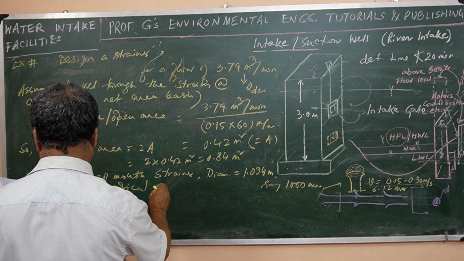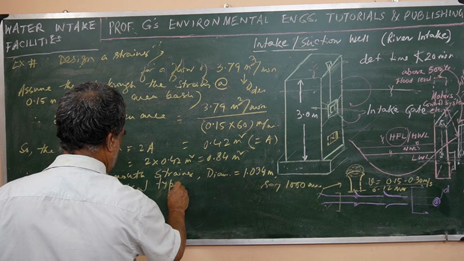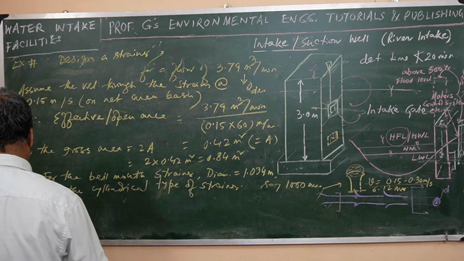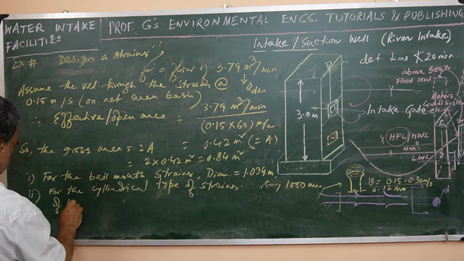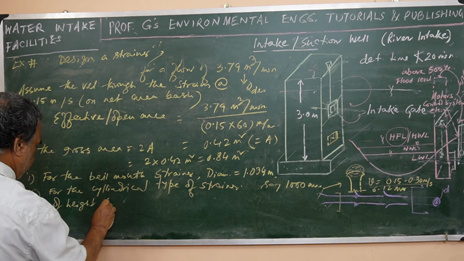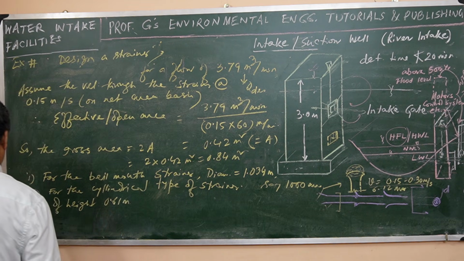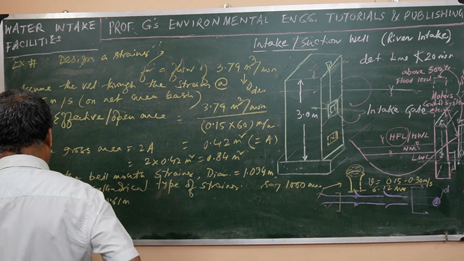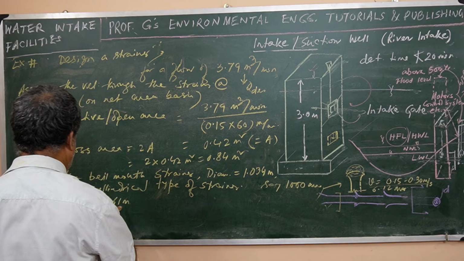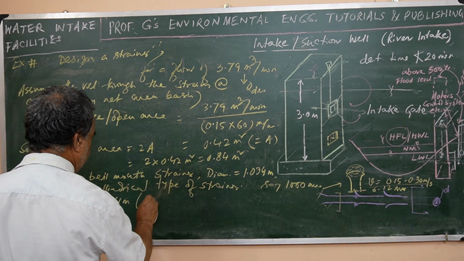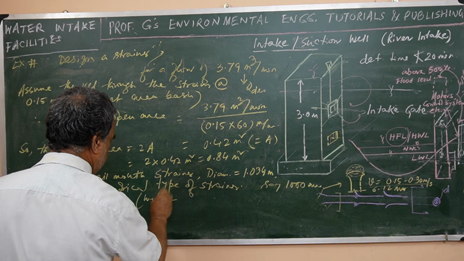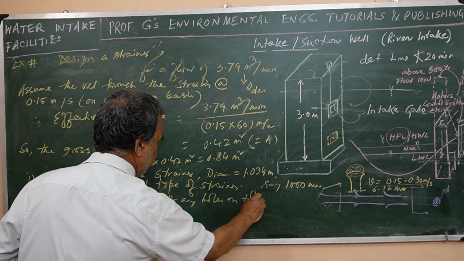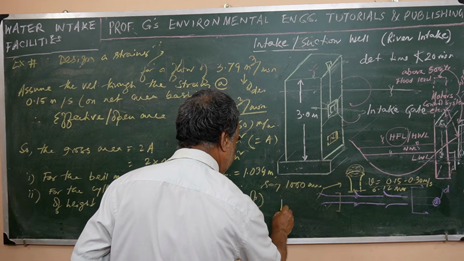So this is the cylindrical type of strainer, of height 0.61 meter and without any holes on the top, right? Without any holes on top. That means it is something like that. Cylindrical means this.